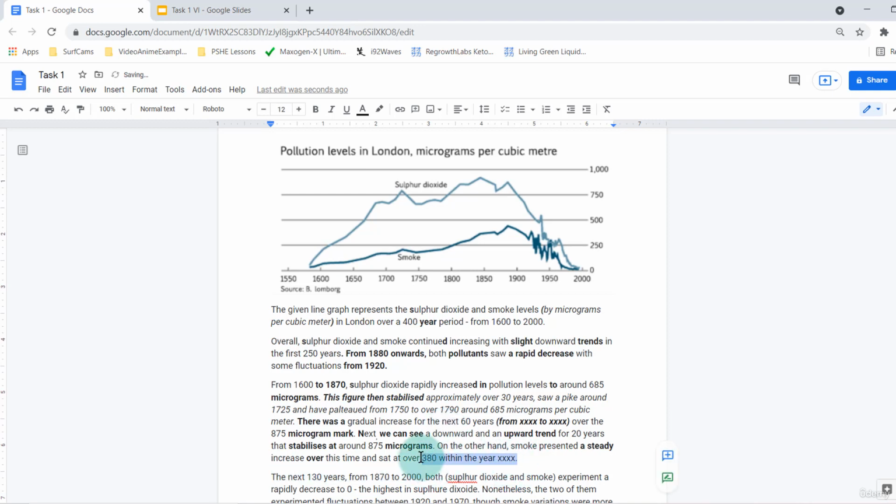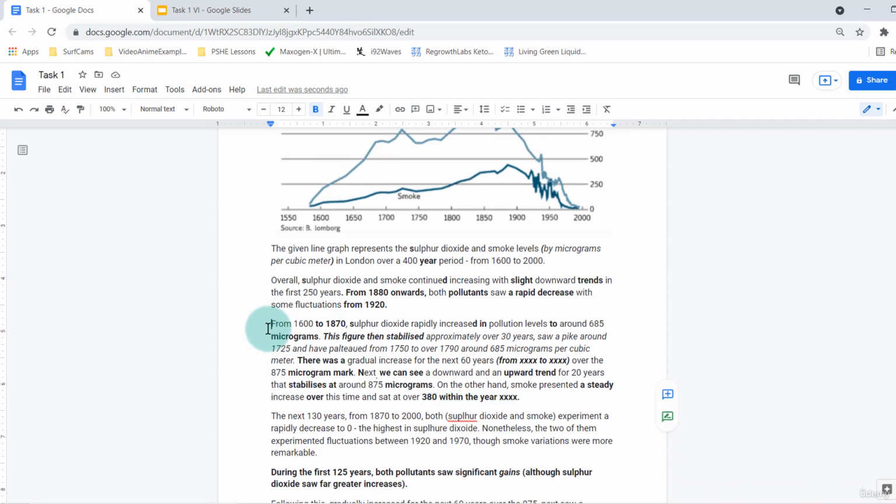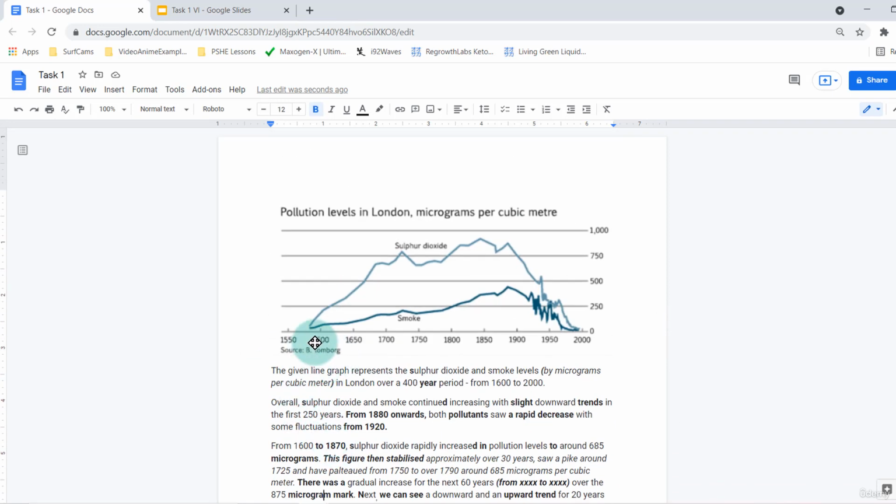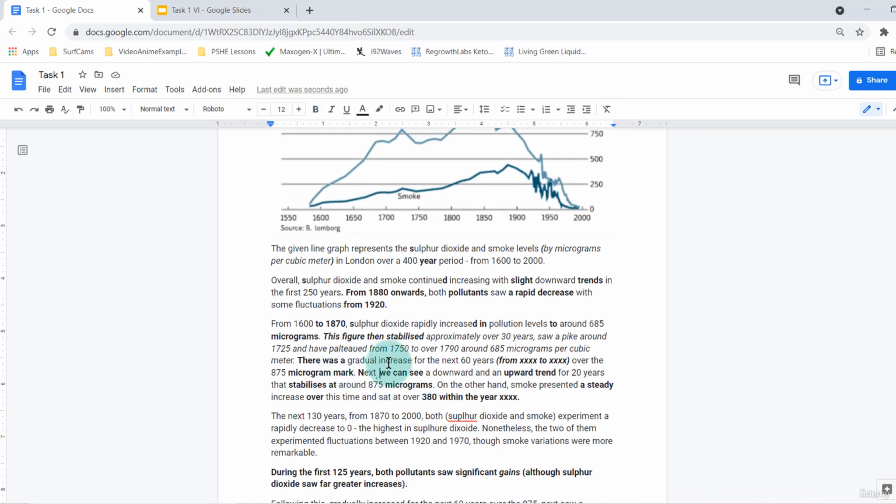So again, just signalling really clearly to the examiner what year, what date, when in the data you are reporting. So again, I just want to know a little bit clearer where this student is. We know that we're looking between 1600 to 1870, but then specifically within the sentences, state where we are.